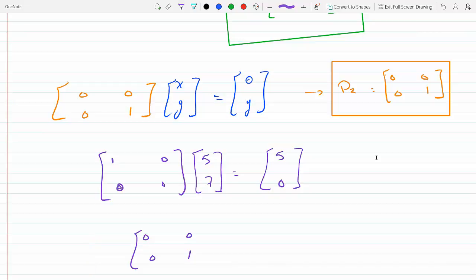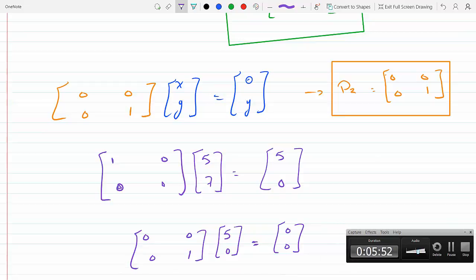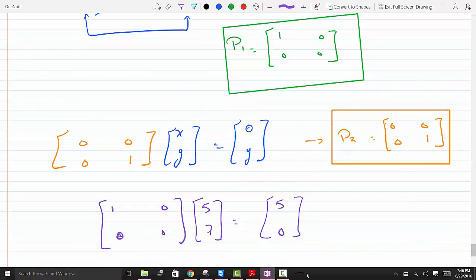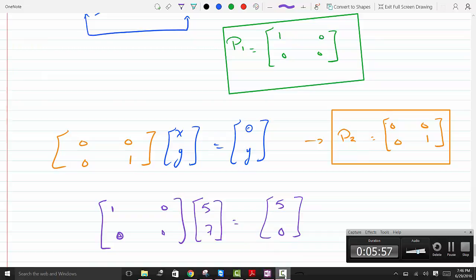This has to go on the right hand side. Now this is supposed to get me the y component of the vector, but this vector 5 0 does not have any y component, so I'm supposed to get 0 0, which I do if you do the multiplication. That does it for this question.